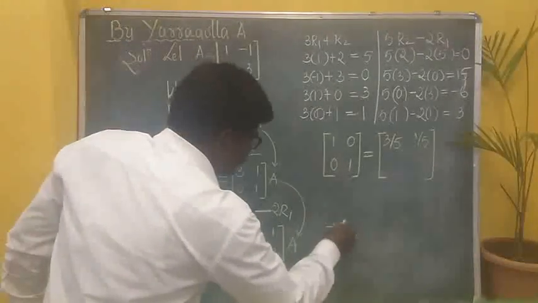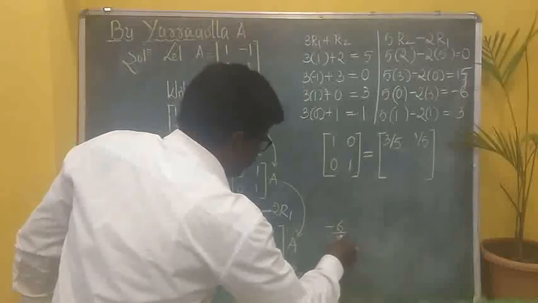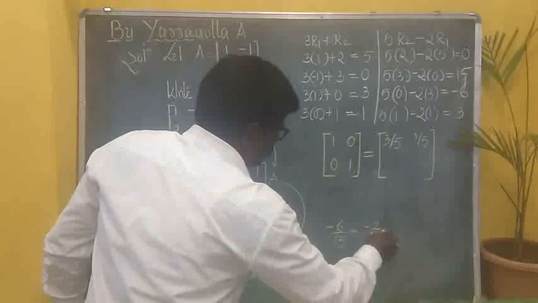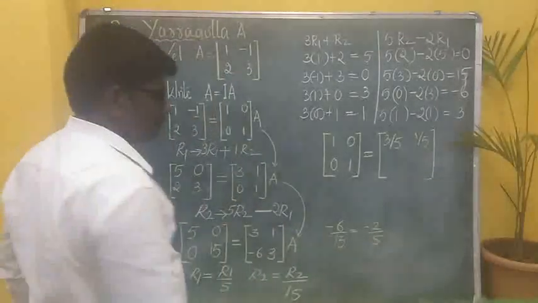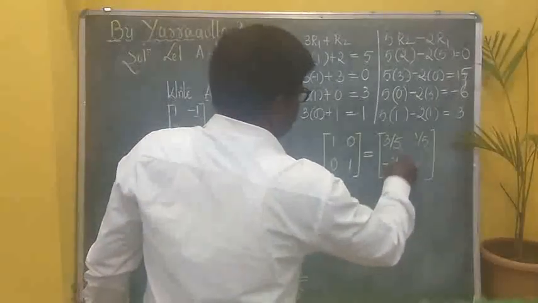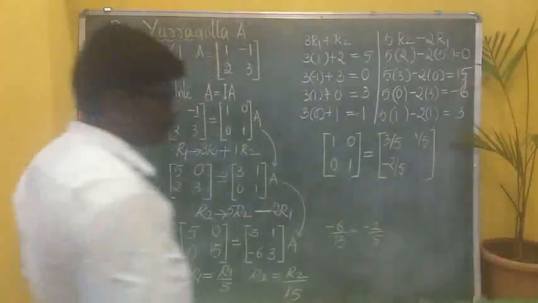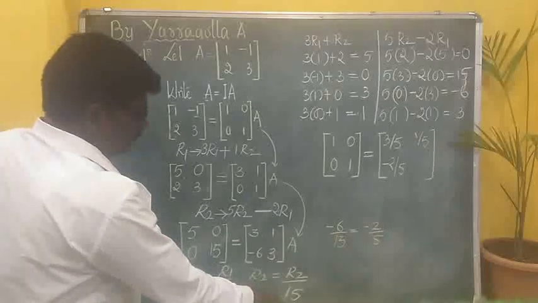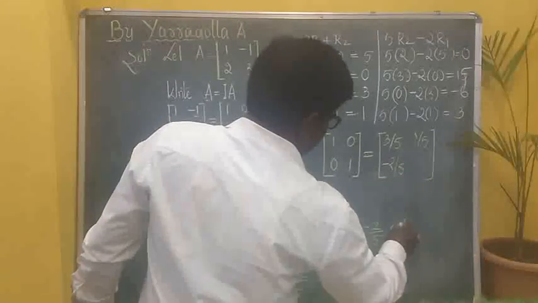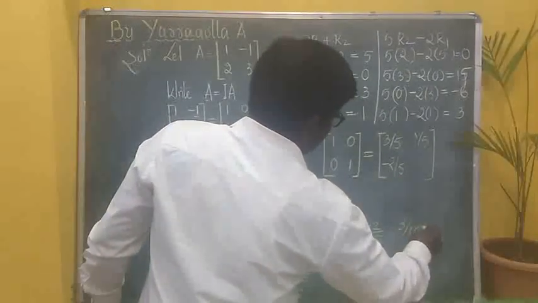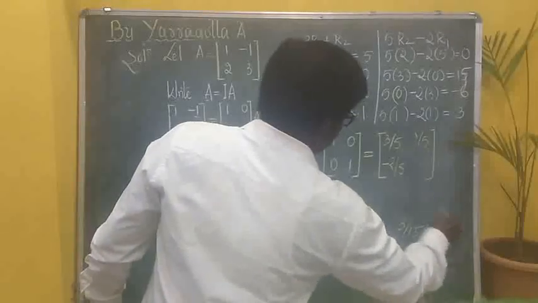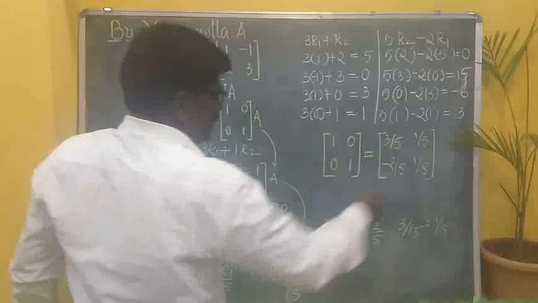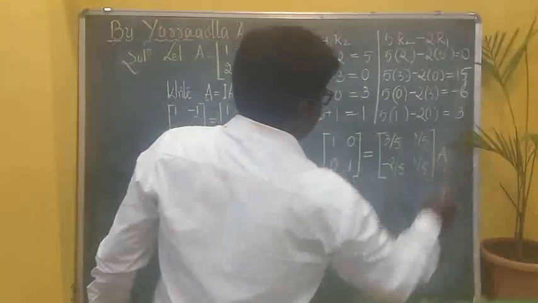What is it? Minus 2 by 5. Then 3 by 15. How much is it? 1 by 5. And A as it is, into A.